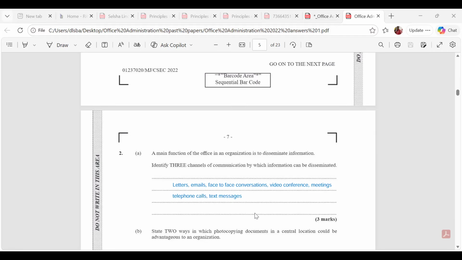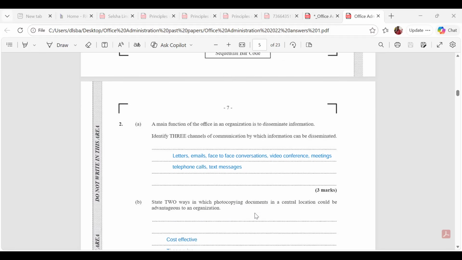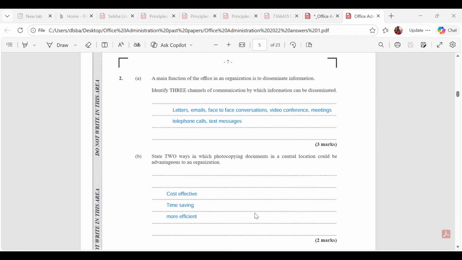So, easy access to the documents. Yeah, but somebody might argue that decentralized might make it easier if it's right in a department. But you could say cost effective, because you wouldn't have to buy a set of equipment in all the different departments.